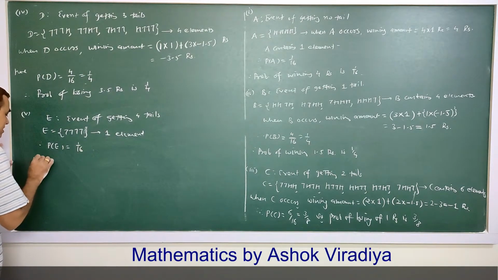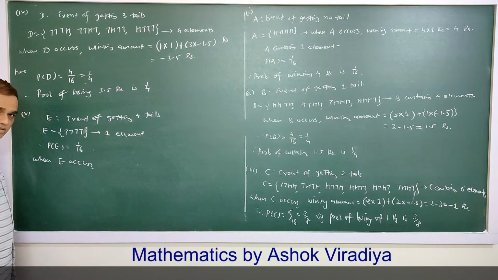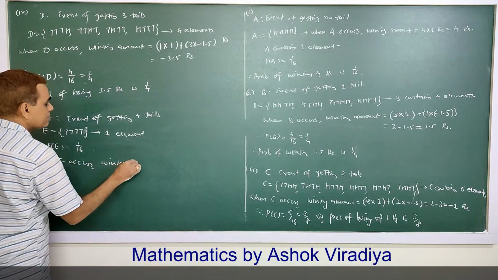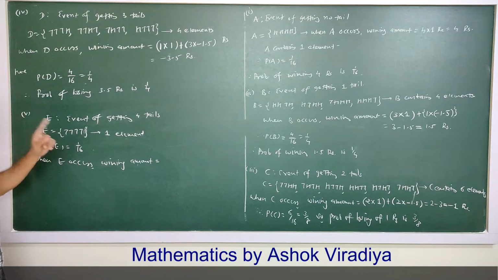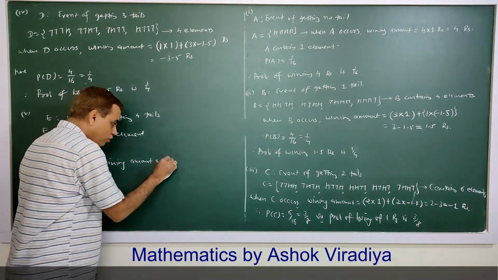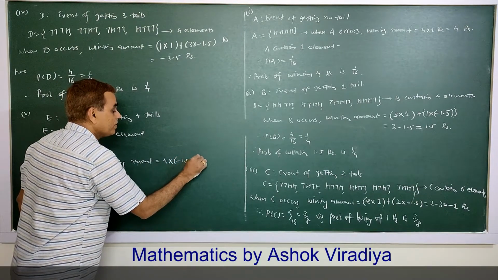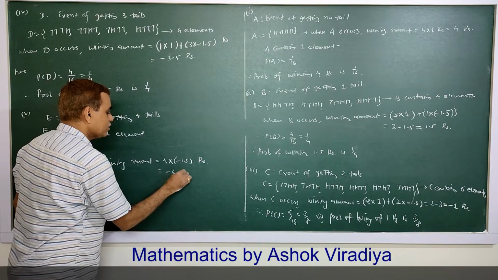And when E occurs, the winning amount is 4 times T, so 4 times minus 1.5 rupees. So that is minus 6 rupees.